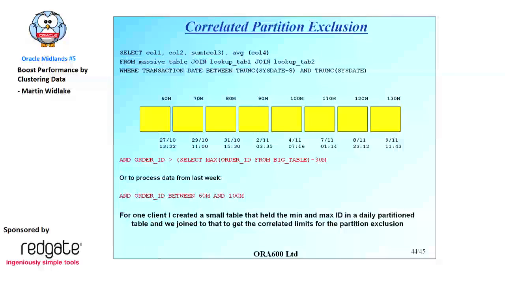Just by stating a really wide ID range where the data had to be, but which was less than 6 months of data, it suddenly made their code perform better. As an example, you've got this massive table, and the ID values go 60 million, 70 million, 80 million, 90 million and so on as your days go by. These are the maximum values for date and time, that's your maximum ID.